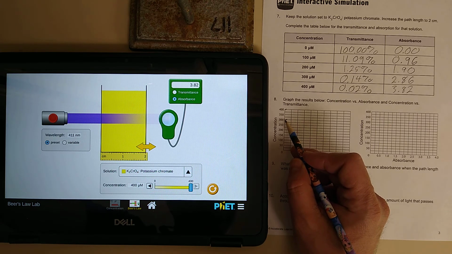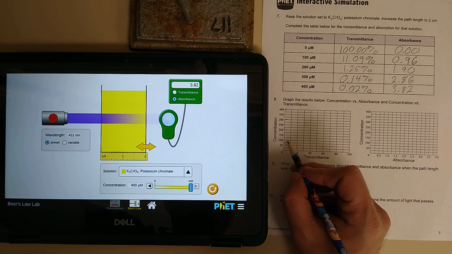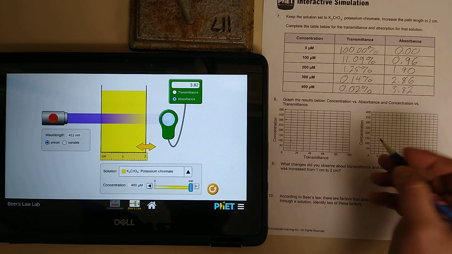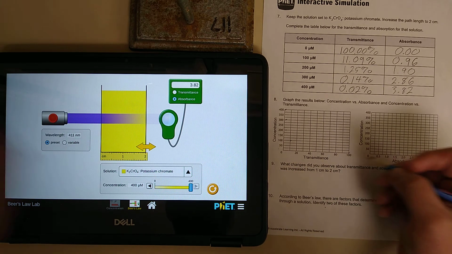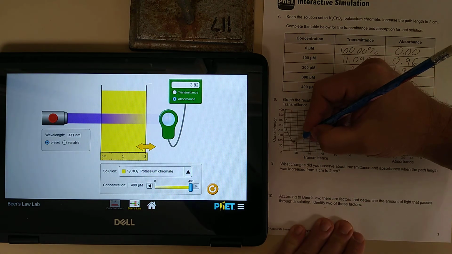It's still really, really small. 200 comes up to 1.25. Coming out a little bit. 100, it goes out to 11.09. And then at 0, it goes all the way over here. So there's that curve again.